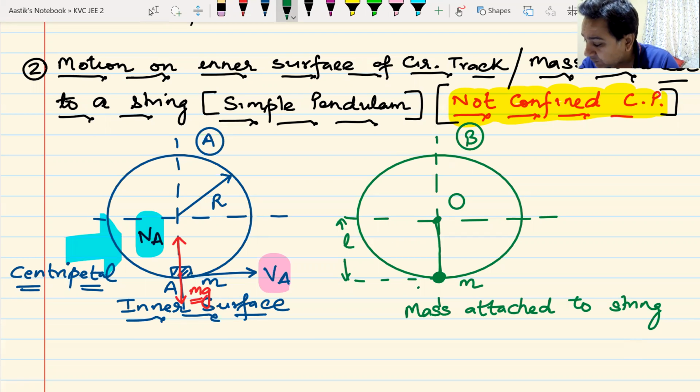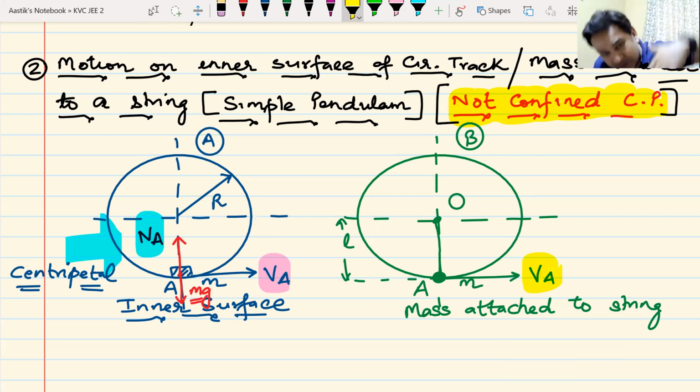Let me call this point A. Now I give it a velocity VA, and you must understand that this velocity VA at the point A is the most important factor which is going to decide what type of motion. What sort of motion, if I can use another term, will this body perform?